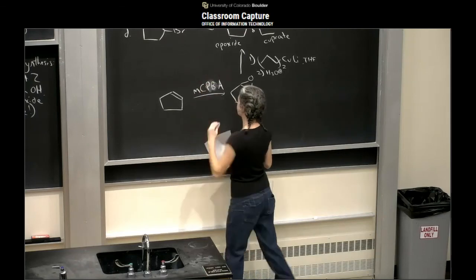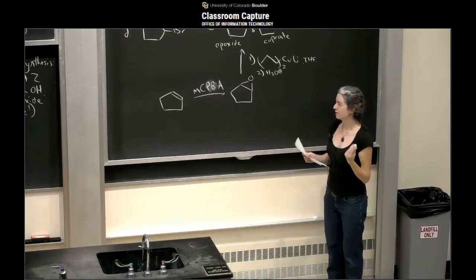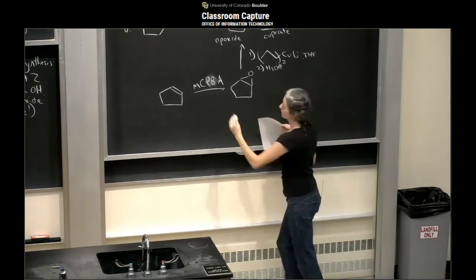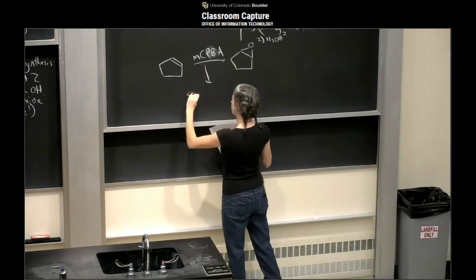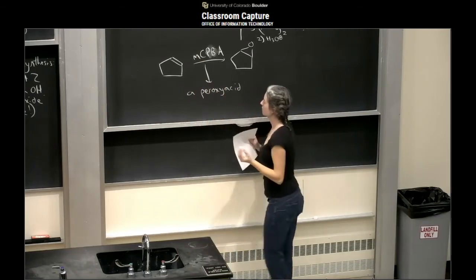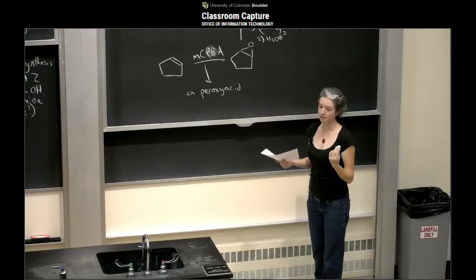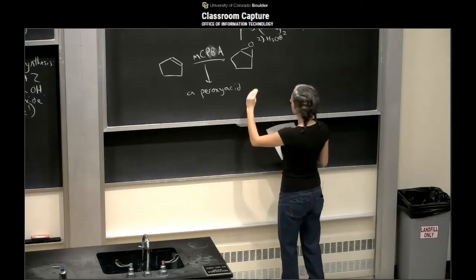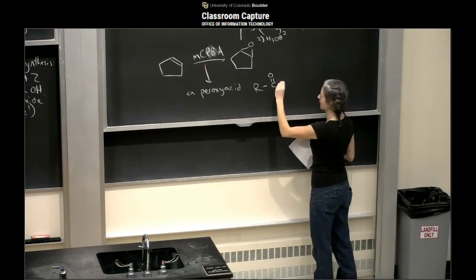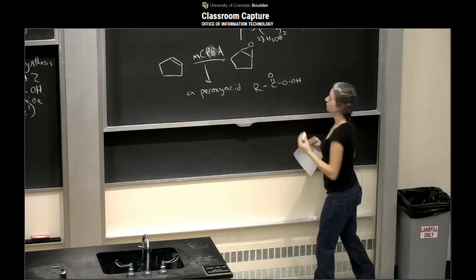MCPBA gives you the epoxide, and there's a few other options there too. So this is a peroxy acid. Pretty much any peroxy acid will do this, but MCPBA is just nice and easy to handle. But all peroxy acids are basically carboxylic acids with an extra O stuck in there.